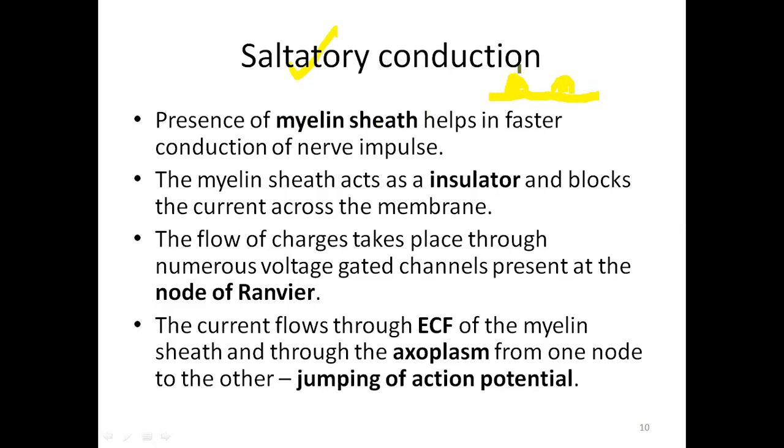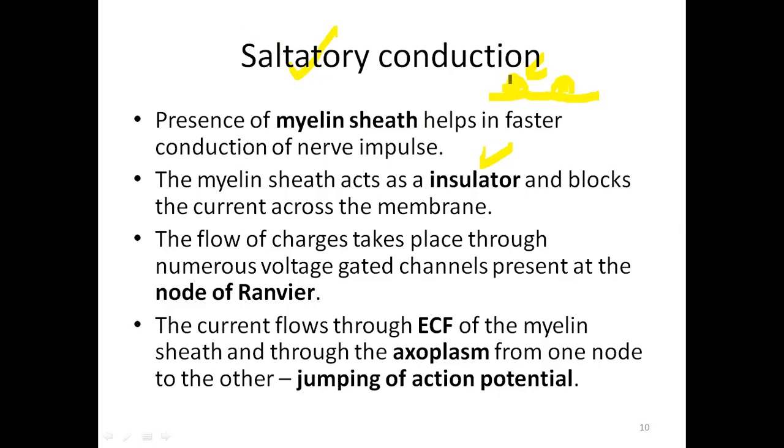Now, what happens? This myelin that is present acts as an insulator and blocks the flow of the electric current. In non-myelinated neurons, as we have discussed, if area A is depolarized, it automatically stimulates the sodium channel next to it, and automatically the current starts flowing along the axon. But in case of a myelinated neuron, the myelin sheath acts as an insulator.